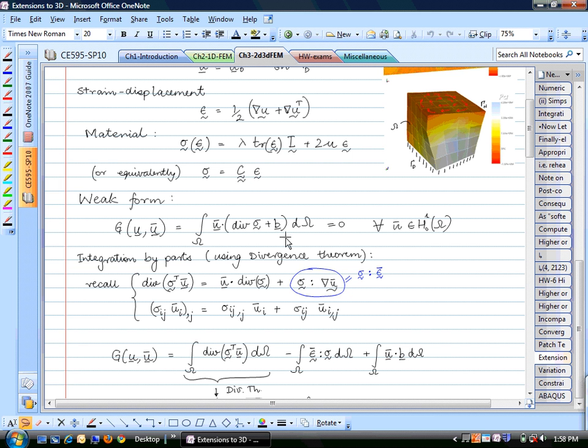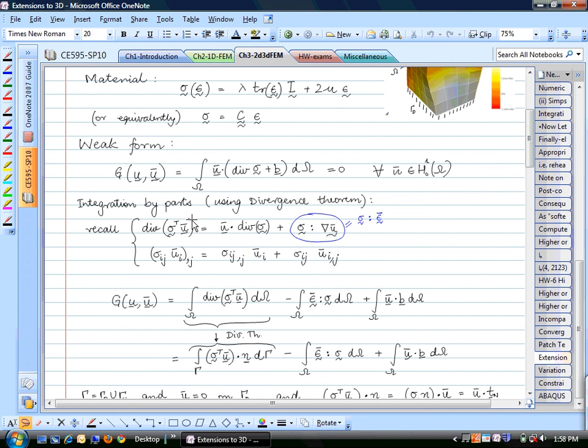Once we have this equation, you do integration by parts, and in 3 dimensions, you use the divergence theorem to do that. I've laid out the steps for you. U dot div sigma, that's this term right here. And this term is equal to this term minus, when you take this to the other side.